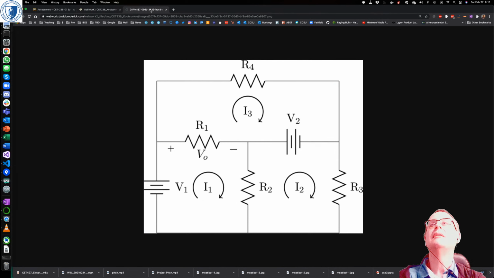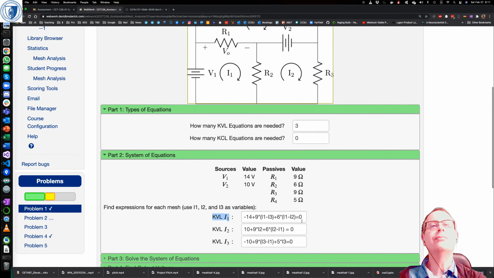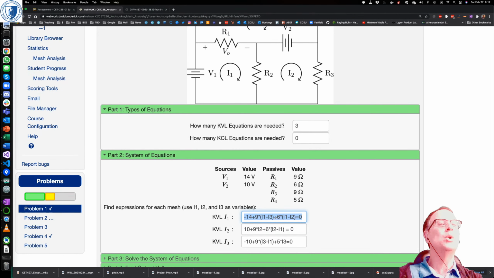In fact, let's just take that image, and I'll talk to that. It doesn't really matter what order things go in these equations.